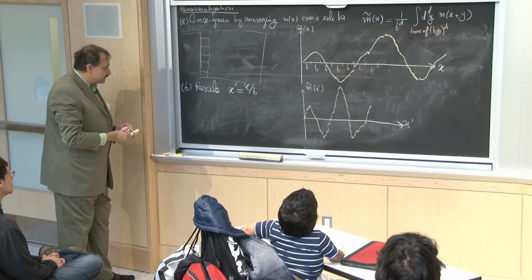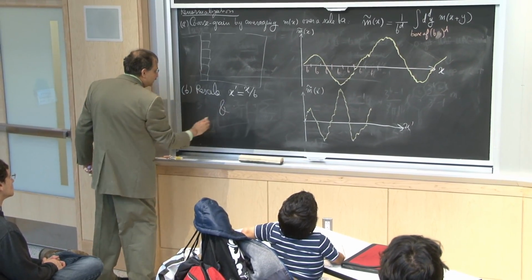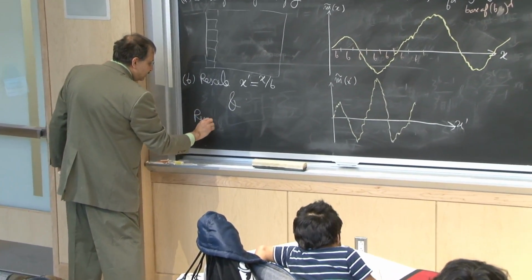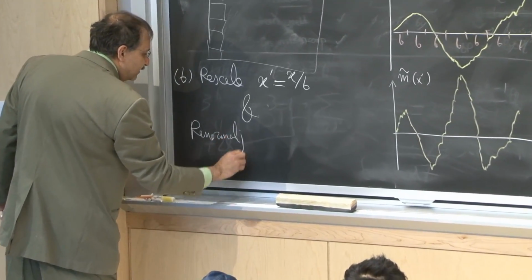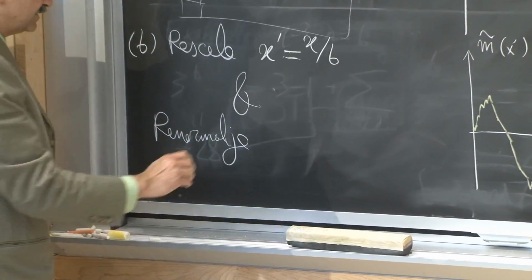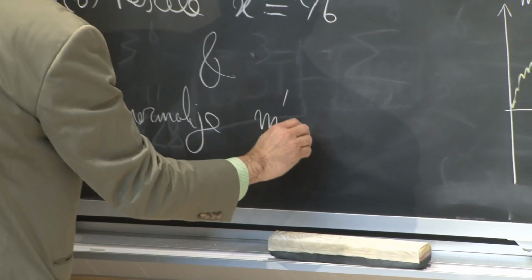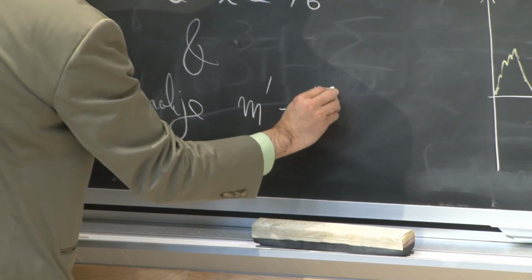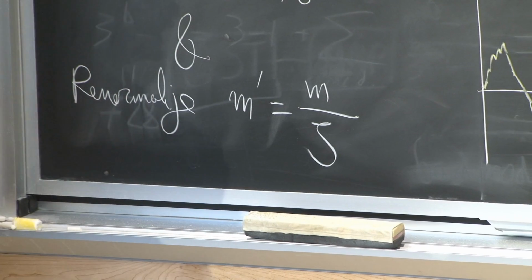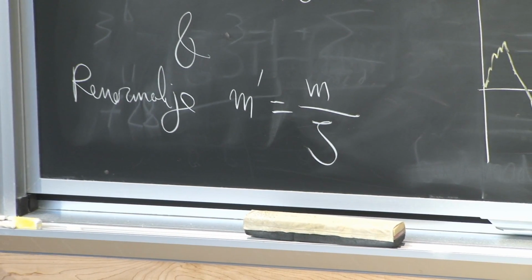So there is another step, which is called renormalize, which is that you define m prime to be m by a change of contrast factor zeta.